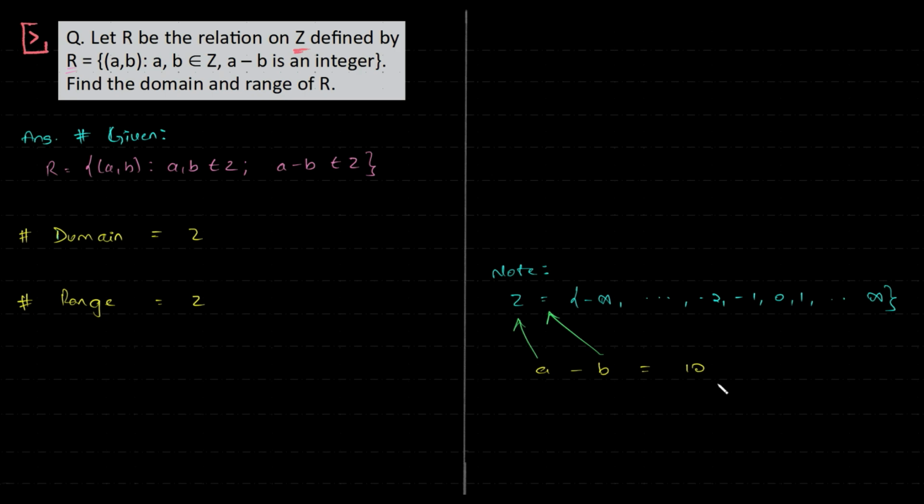Basically the idea is that I have to get an integer. You can take any random number, 11 itself, and when I take the difference, this is an integer. I can just increase this and so on. So the domain can take any possible integer, and the range can also take any possible integer because we have that flexibility.